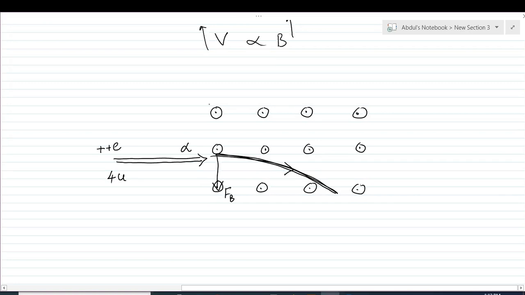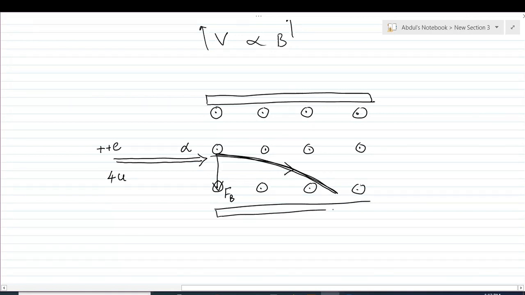But when two metal plates are placed here, one at the top and the other at the bottom, this is plate A, this is plate B, and this plate is connected with the positive potential and this with the negative potential.